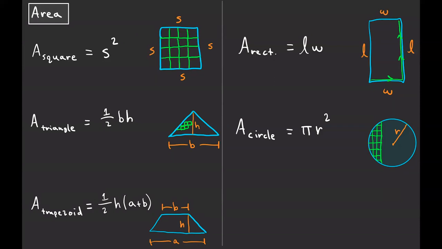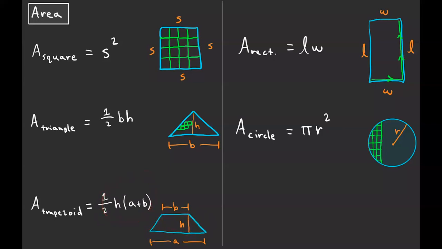What you should be able to notice here, though, is you could figure out this area of the trapezoid. You could come up with this formula without me even telling it to you. Because what you could do is break this trapezoid up into 3 parts. You could break it up into 2 triangles and a rectangle in the middle. And you could just find the area of each of those parts and then add them together, and that'll give you the area formula that we've got right here.